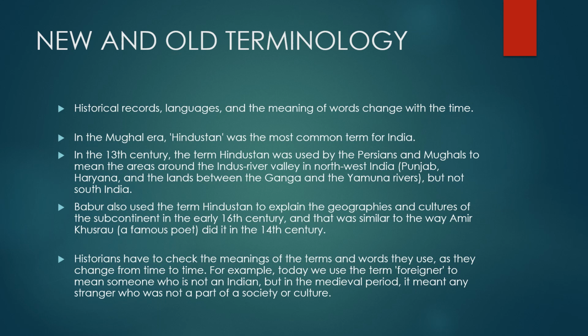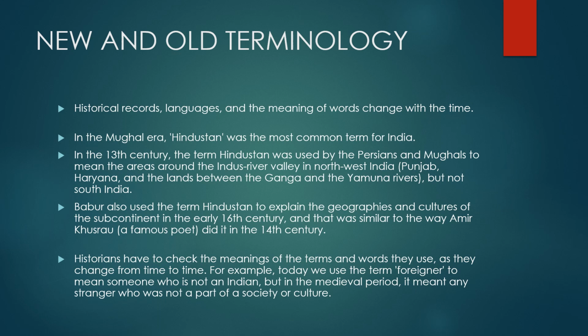Babur also used the term Hindustan to explain the geographies and cultures of the subcontinent in the early 16th century, and that was similar to the way Amir Khusrau, a famous poet, did in the 14th century.